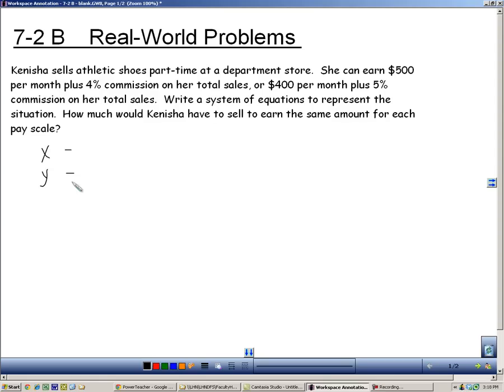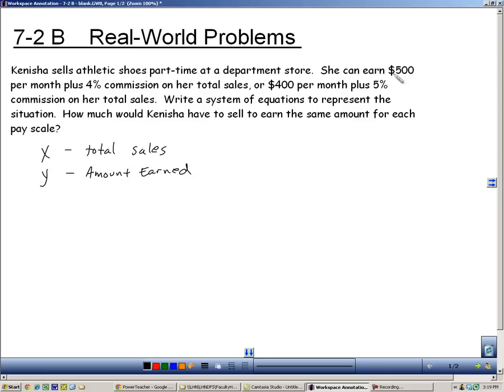The question is, which one's independent and which one's dependent? Does her paycheck depend on what she sells, or does what she sells depend on the paycheck? Well, the total sales is the independent value, and the amount earned is based on the sale, so that'll be my y value.